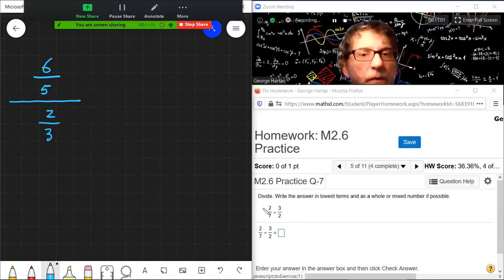Look, we have a fraction on the left-hand side, which represents the numerator part, okay? We have the division symbol, which is a division bar, and we have a number on the right side, which represents the denominator. So this is being divided by this, just like this is being divided by this.